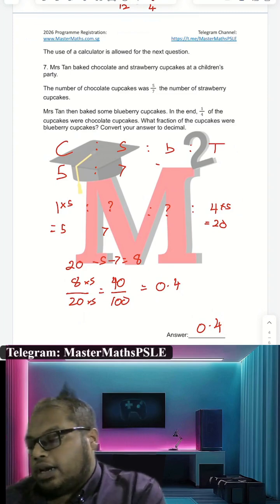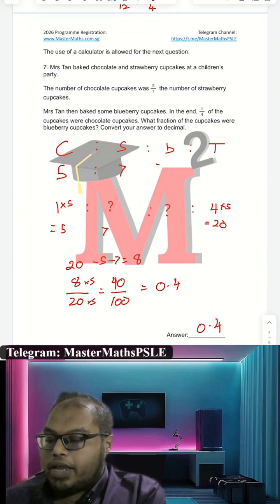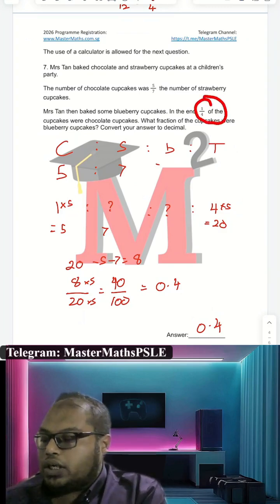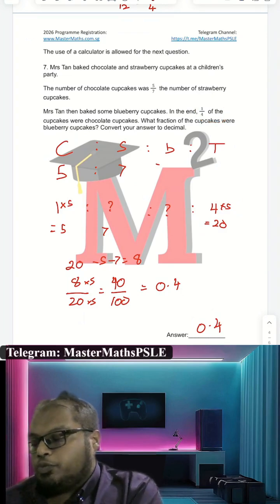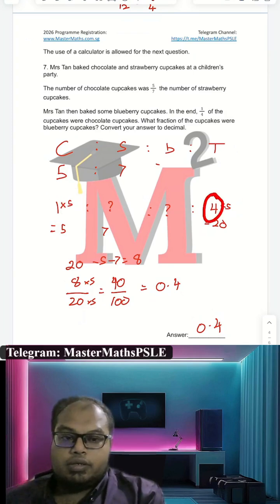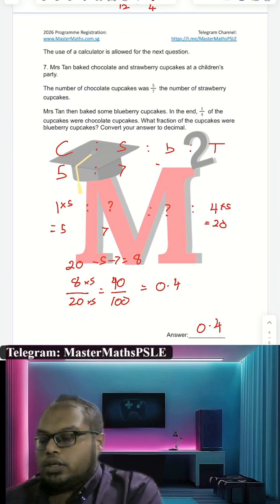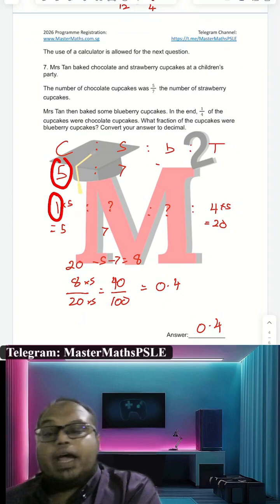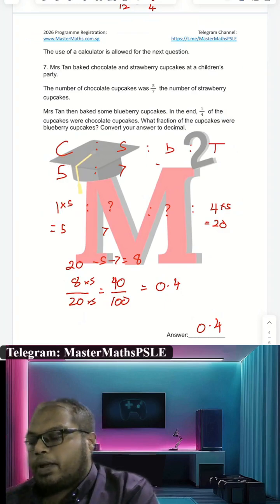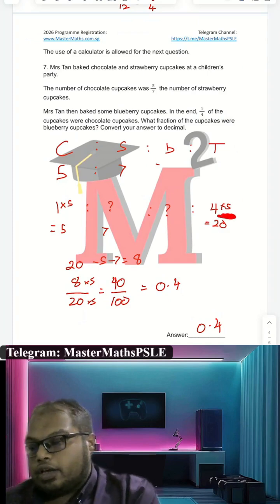The ratio in the end, after adding blueberry, is that 1/4 of the cupcakes were chocolate. So I put a 1 here and a 4 here. This 1 was supposed to be 5, so I multiply by 5 here, and the 4 I also multiply by 5.